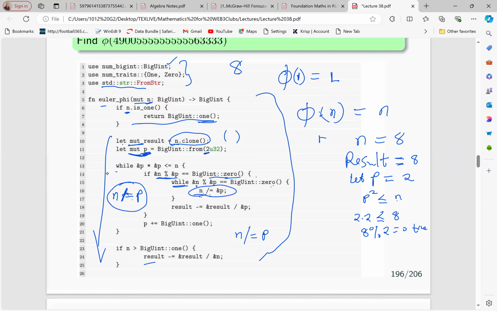When I write this, then write 2, it means that my initial n is 8, but my second n will be 4. So you replace what is on the left side by what you get when you divide what is on the left side by what is on the right side.